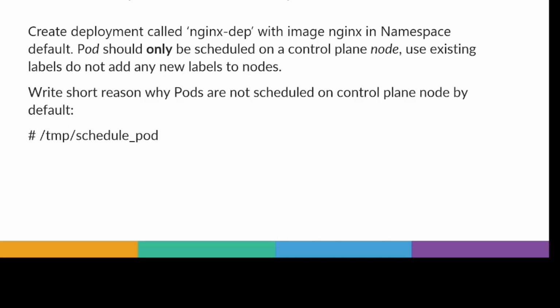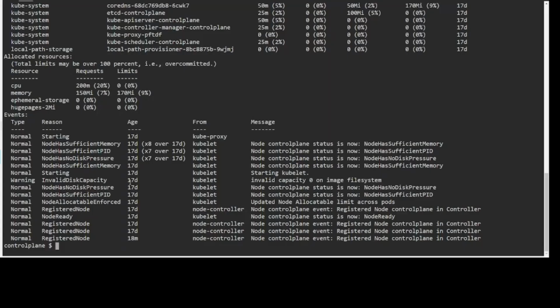As per the question, first we need to create this nginx-deployment using the nginx image in the namespace default. So create the deployment, kubectl create deploy nginx-deployment, and then image equal to nginx.